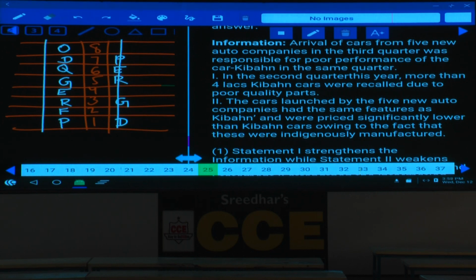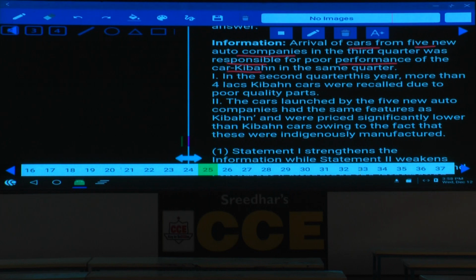What is the information here? Arrival of cars from 5 new auto companies in the 3rd quarter was responsible for poor performance of the car Kiban in the same quarter. In the same quarter, what happens here? Earlier they used to sell this one, but now with the advent of these 5 new companies arriving in the market, the sales of this car have come down.